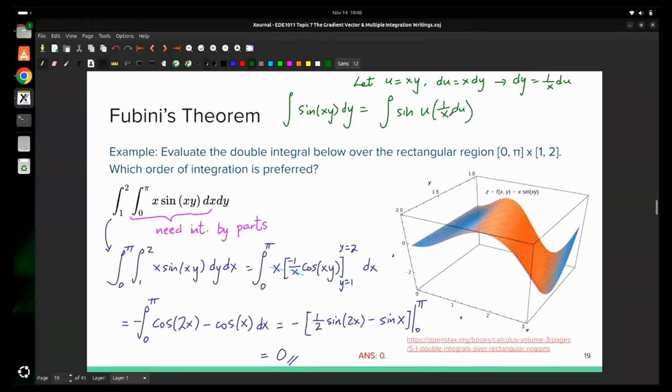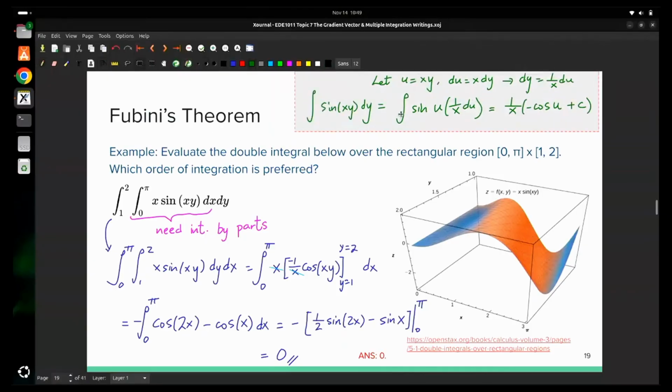That's why you get a 1 over x here. Then when you integrate sine, you get minus cosine. So this will be 1 over x times minus cosine u, plus c. Then this is just minus cosine xy. Yes, x is a constant when you integrate with respect to y.